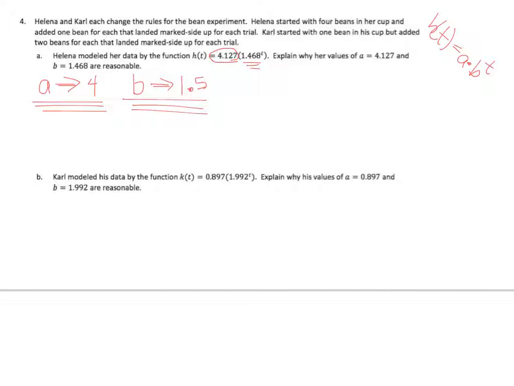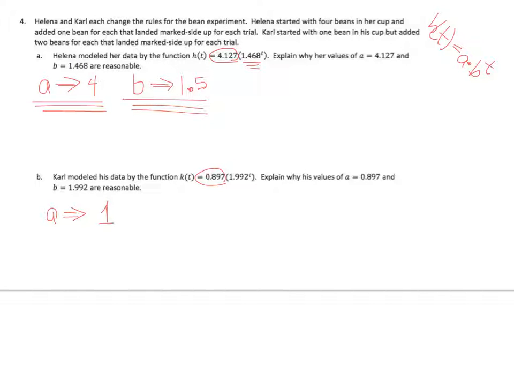Carl modeled his data by the function k of t equals what you see there. Explain why his values of A and B are reasonable. So what did Carl start with? How many beans in the cup? Just one. So I would expect an A of 1, and we got 0.897. Well, that's pretty close. That's sort of reasonable.